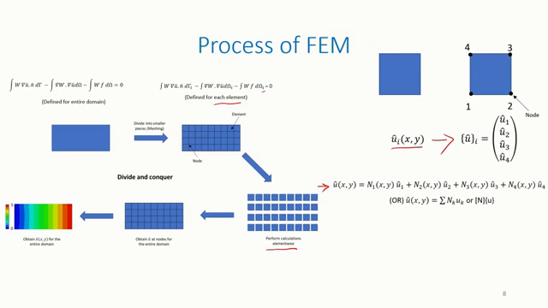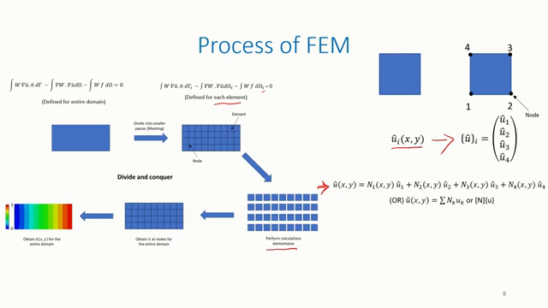So, by this equation, we are writing an unknown function u hat in terms of known functions, all your N1, N2, N3, N4, and unknown numbers u1 hat, u2 hat, etc. We can also interpret this equation as a continuous to discrete transformation in some sense.